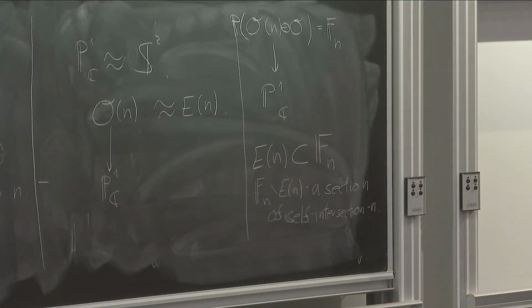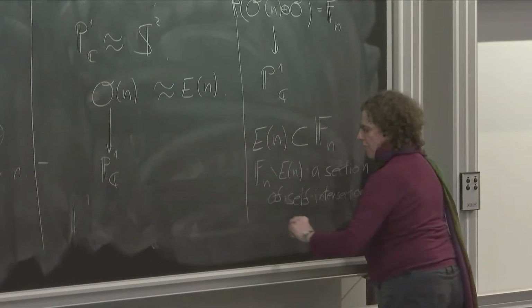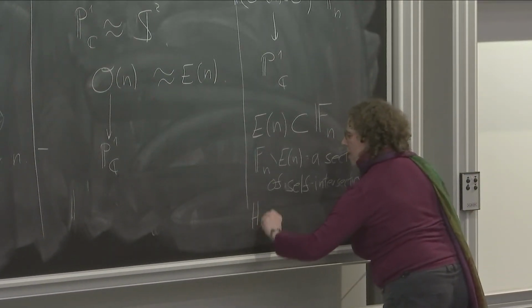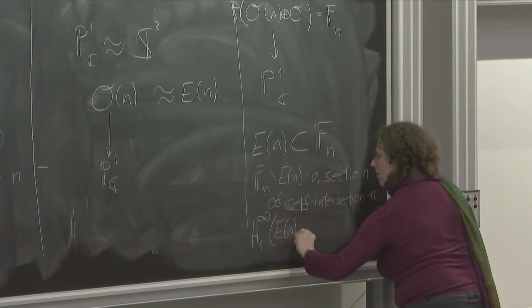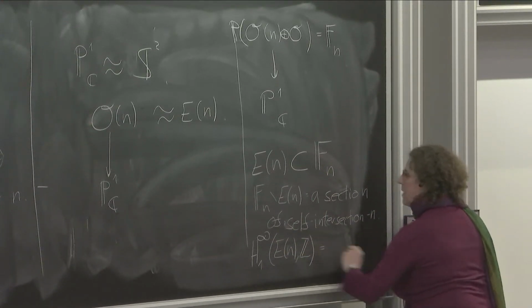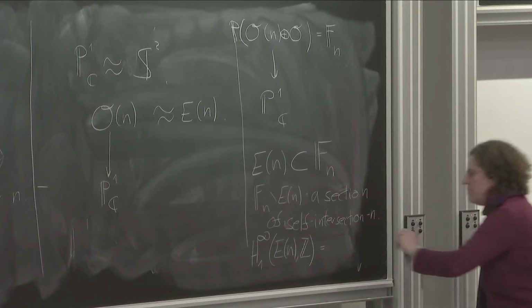And what one can do in that case is calculate the first homology group at infinity of this total space. And because of this self-intersection, it's Z over nZ.